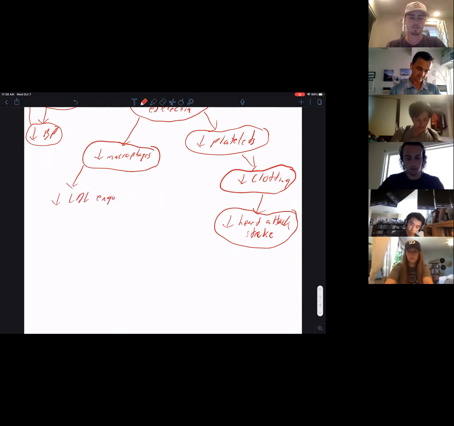LDL engulfing. That was on that slide, LDL engulfing. If we decrease LDL engulfing, we're going to decrease foam cells. If we decrease foam cells, we're going to decrease the necrotic tissue.